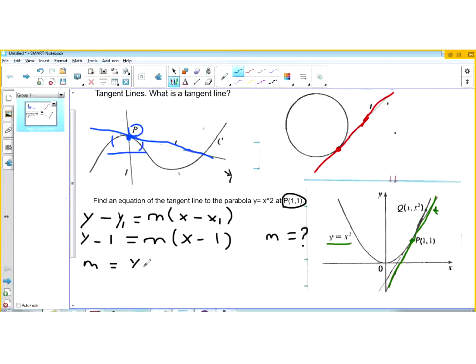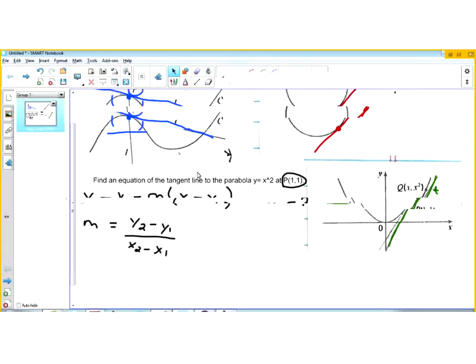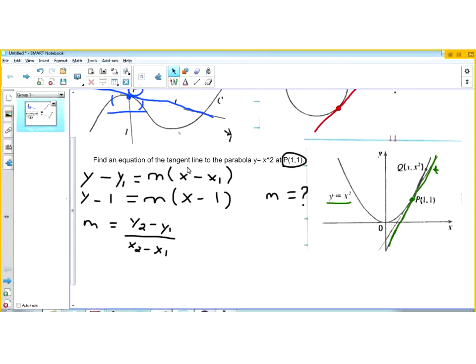Okay, so in particular, if we have 2 points, the slope of a line is determined by the difference of the ordinates divided by the difference of the corresponding abscissas. Okay. Now, in the case of the tangent line, we only know x1, y1. We do not know x2, y2. So we have a bit of a dilemma here, don't we?